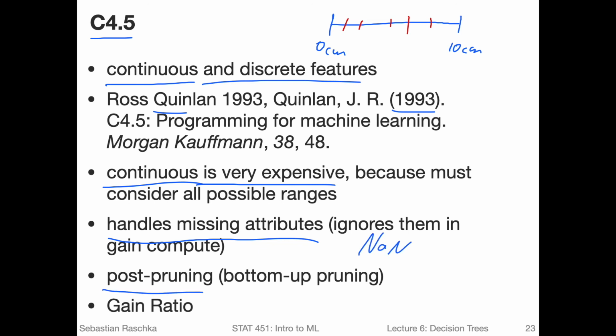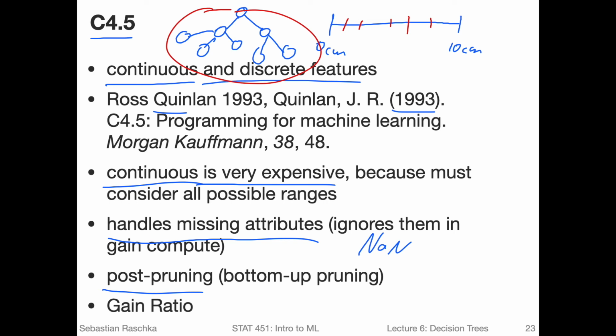And it also performs post-pruning. Once the decision tree is built, it will take a look at the tree and then remove certain nodes to improve the validation set performance and reduce overfitting.